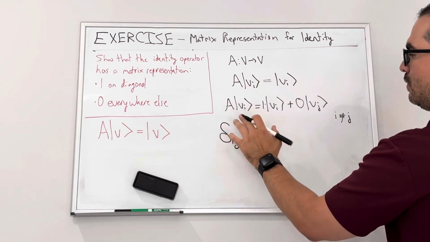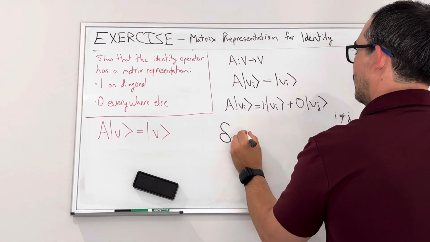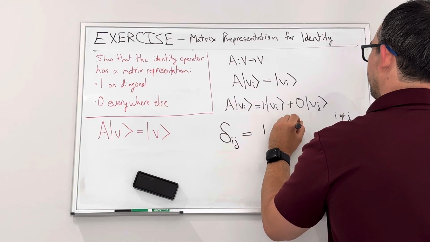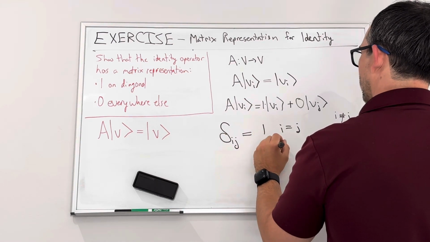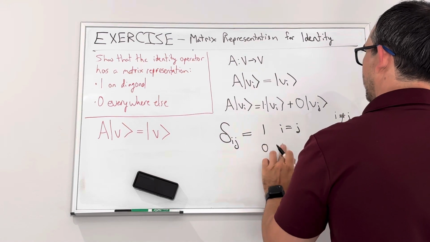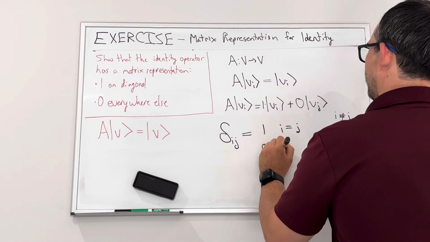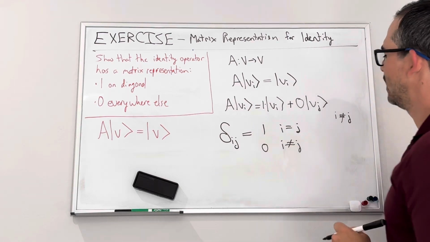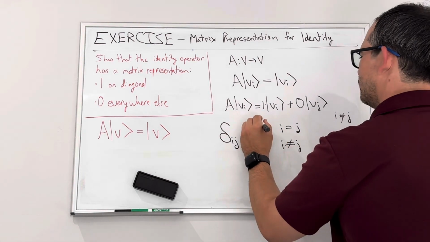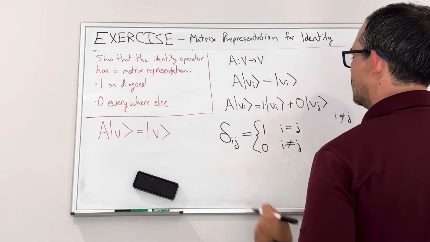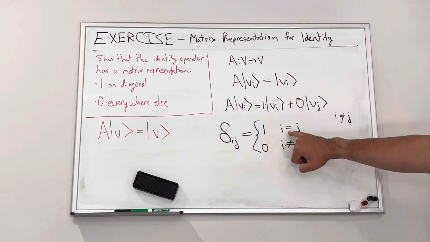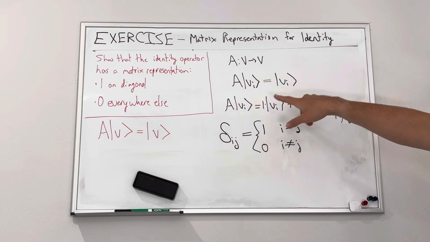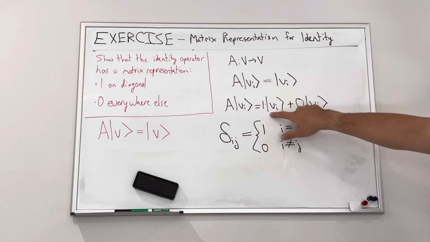So delta ij is equal to 1 when i equals j and 0 when i does not equal j. And this Dirac delta function, I think is what it's called. Kronecker delta function, maybe. So it equals 1 when i equals j and equals 0 when i is not equal to j.